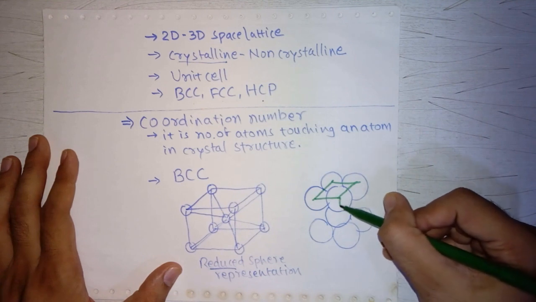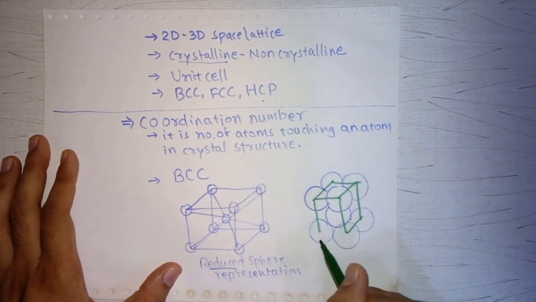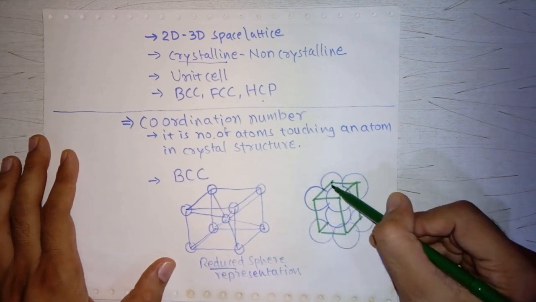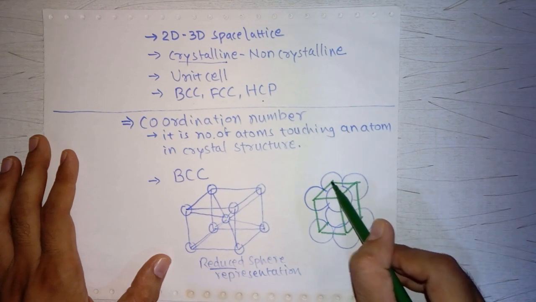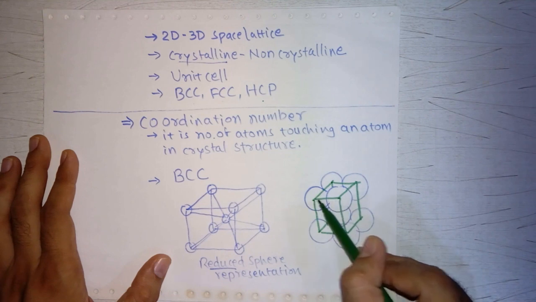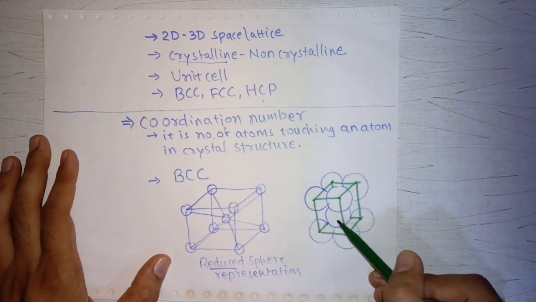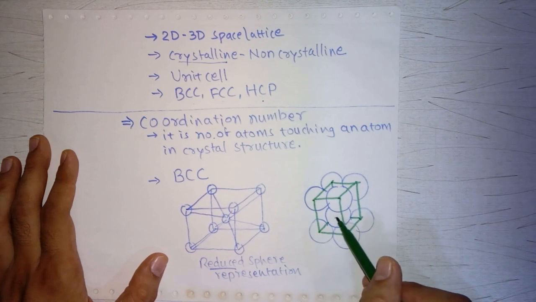If we want to represent the cube, we can represent it like this. Okay, so we can see that we have atoms at each corner. So this is the top face. We have atoms at each corner of the bottom face as well. You can understand that one atom will be behind this, and this is the atom which is at the body center.